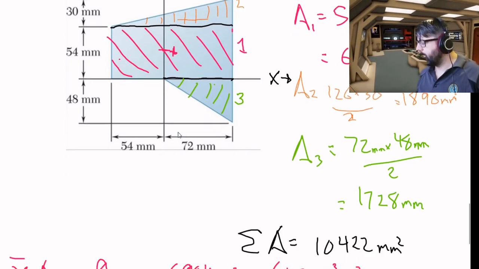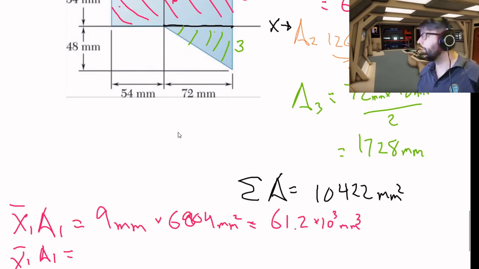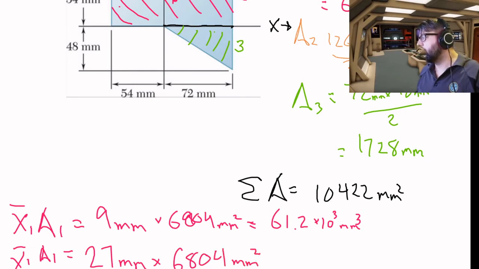Swear to God, I hate saying numbers out loud. I always screw them up. Anyhow, 27 millimeters. Again, times our value there. So that gives us 183.7 thousand millimeters cubed.